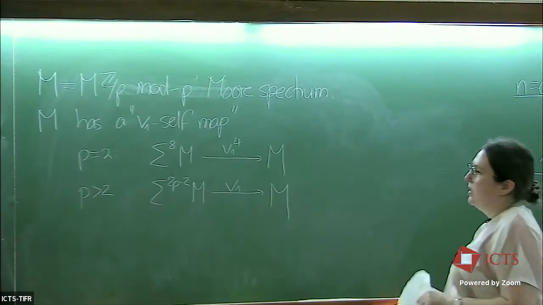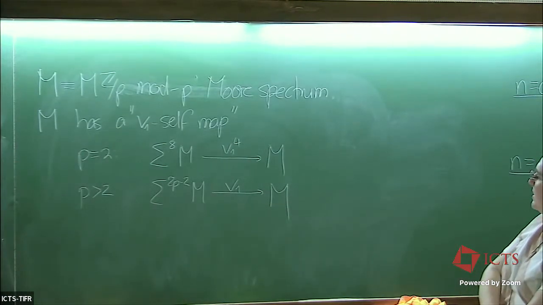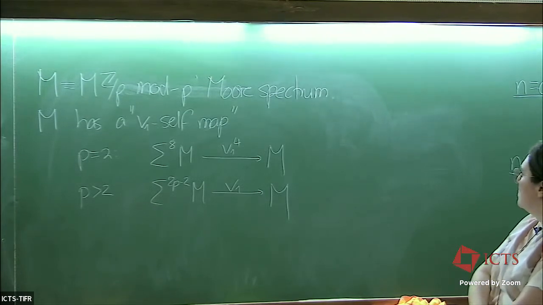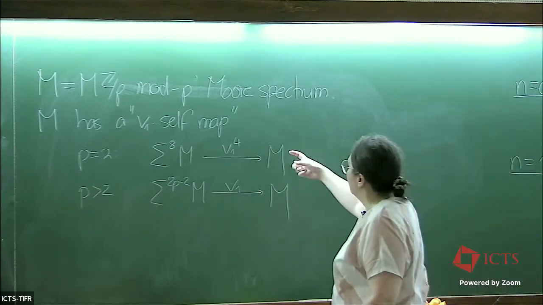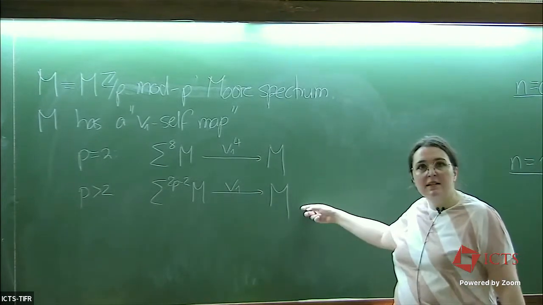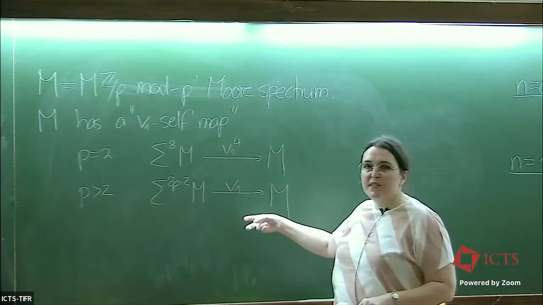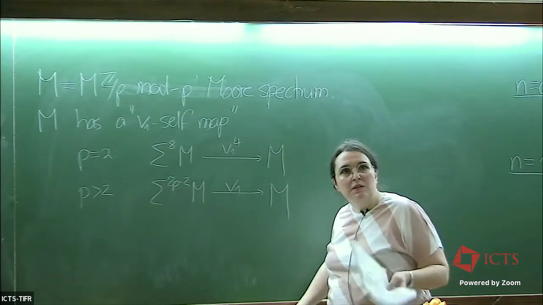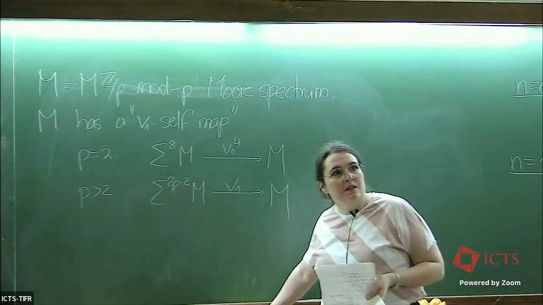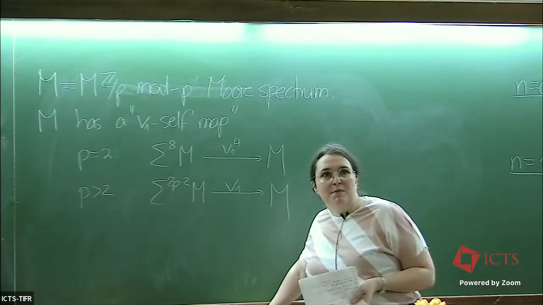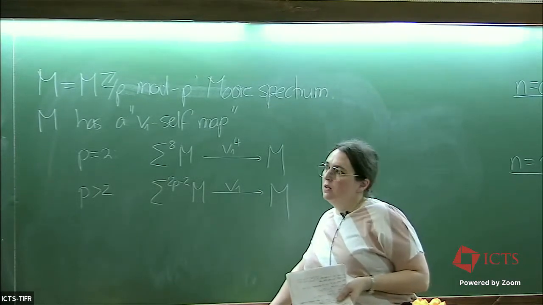But I will just pretend, so that's going to be a bit easier. In general, just as a side note, that is a reasonably big industry: if you have that, and then you take the cofiber of these, then you can see if that has a v2 self-map as well, and so on.